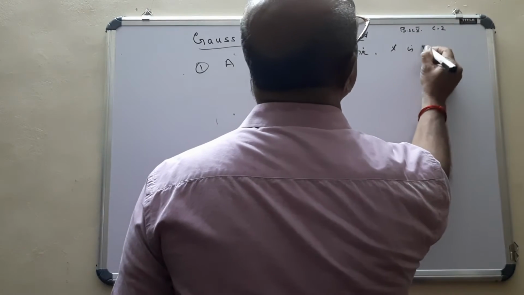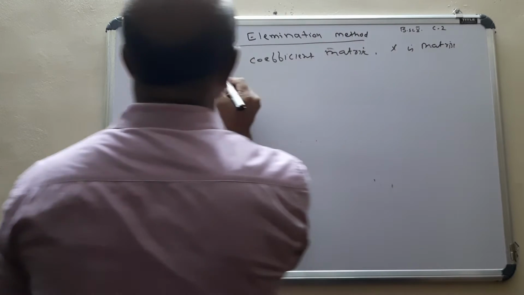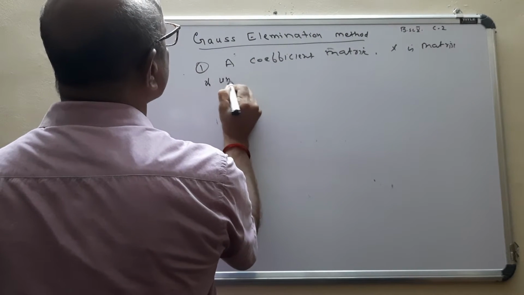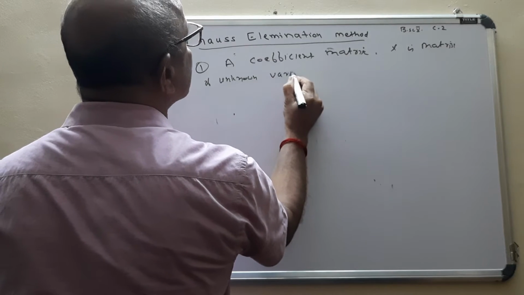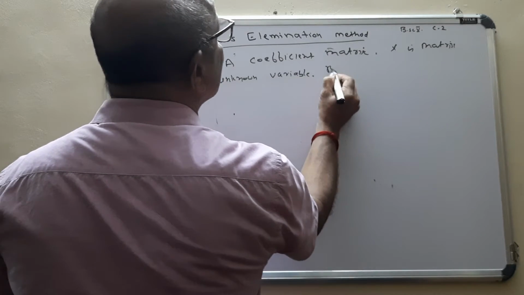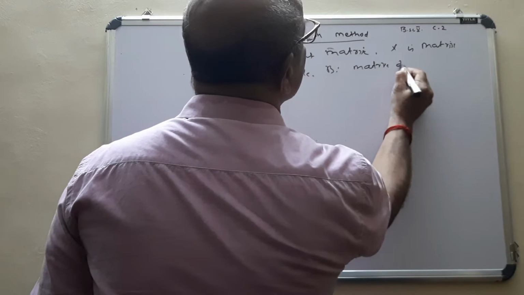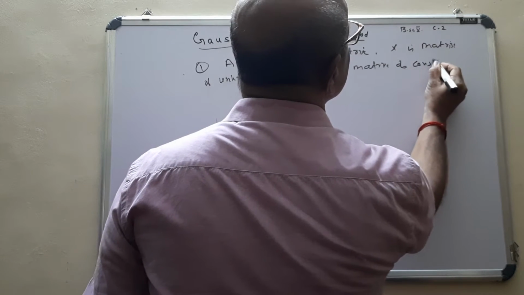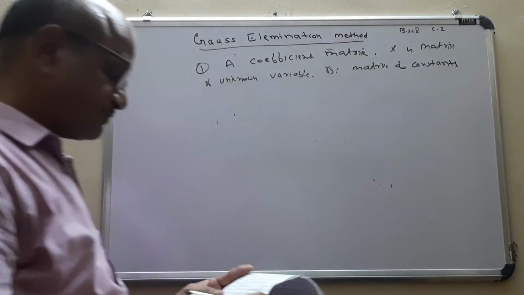X is the matrix of unknown variables. B is the matrix of constants.